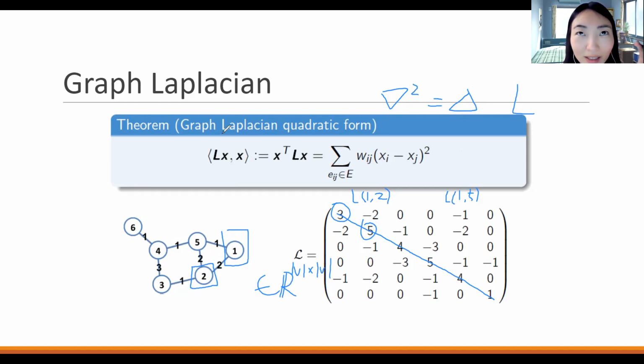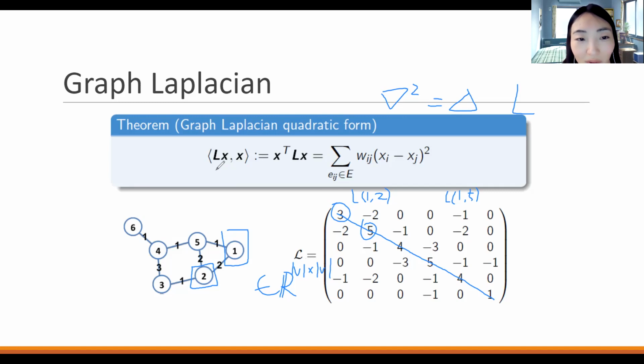Sometimes we just skip the part where you have the divergence of the gradients and directly talk about the graph Laplacian. So just think about this as directly taking the second order derivative, first on its nodes and then its edges.